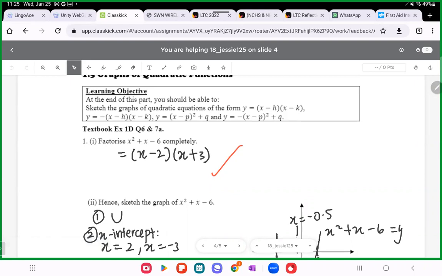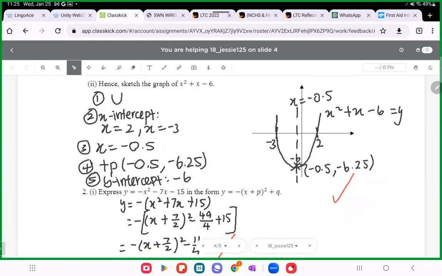Next one, sketching. Now, people, we did so many questions on sketching already, but I still have things missing. X-intercept should be in, turning point should be in, Y-intercept should be in. Some of you just merely gave me a curve, that's it. Please do your necessary corrections, yeah?